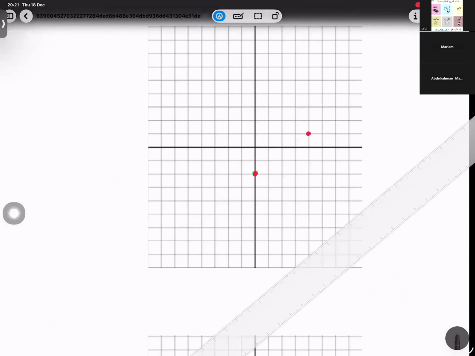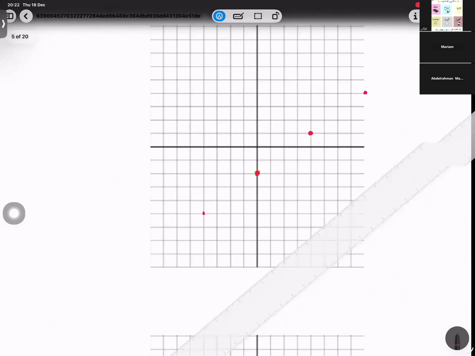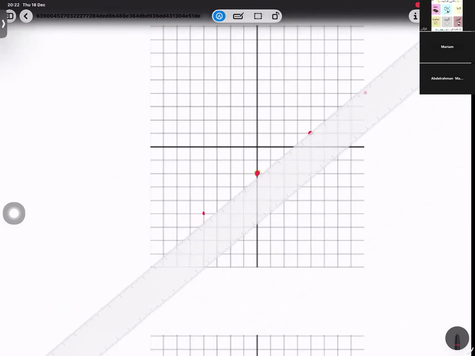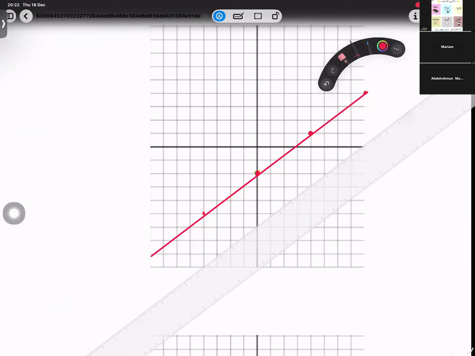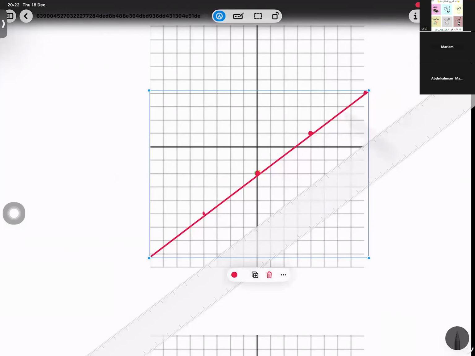It comes out 3, 1, 2, 3. And then you add more dots.